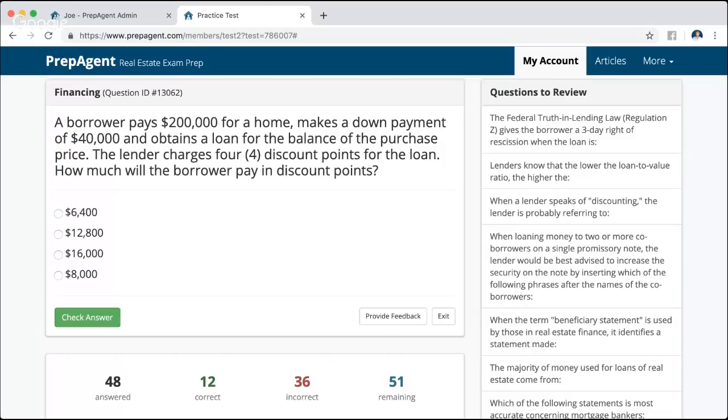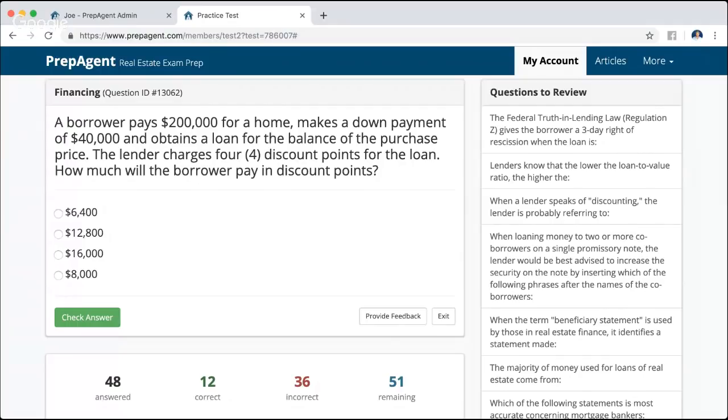Why does the lender need that legal title? Okay, so they could sell it in the case of default. Good.